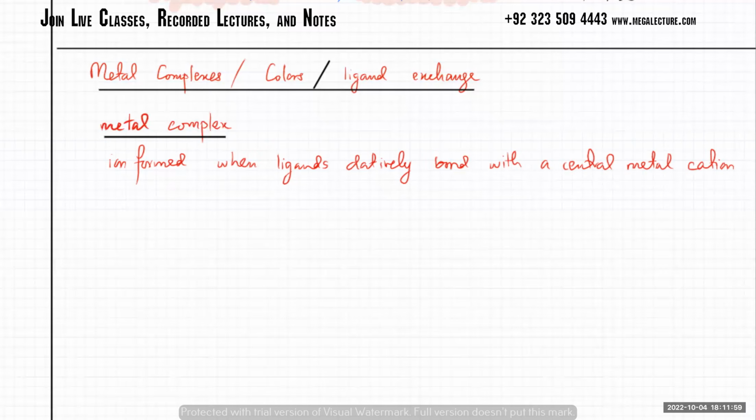And then you have the other question: what is a ligand? A ligand is a species that has lone pairs and is capable of forming dative bonds with a metal ion. So it's a species which can donate lone pairs.